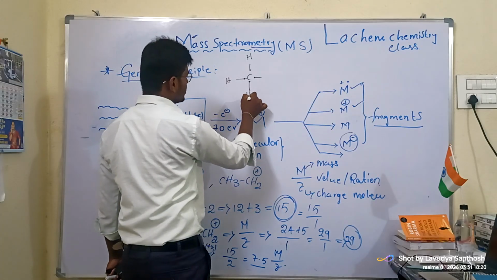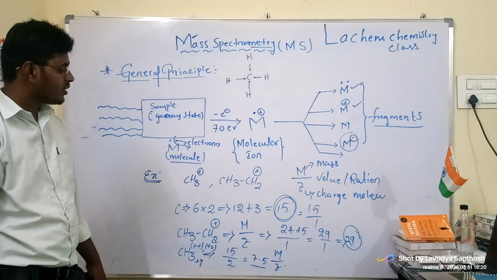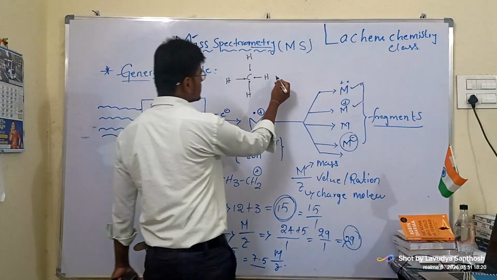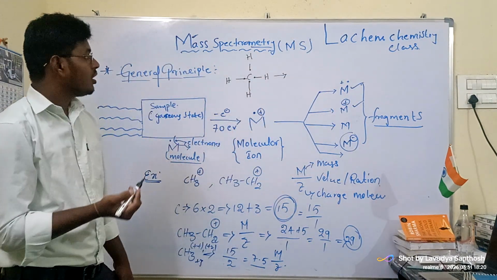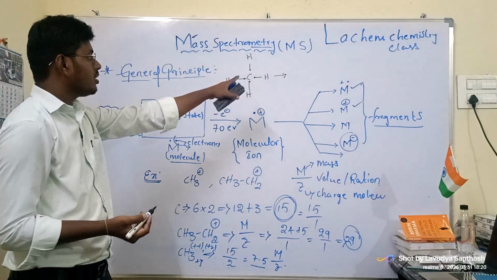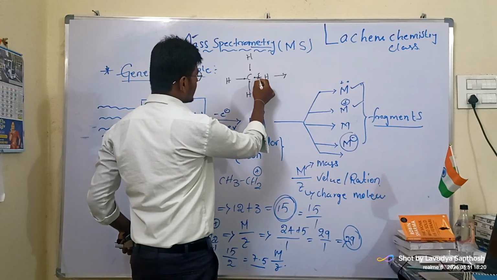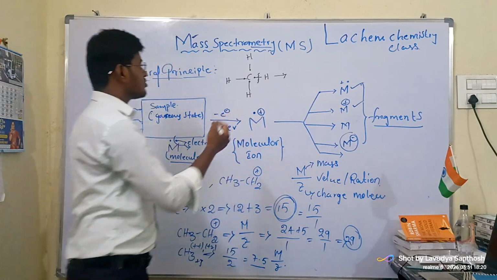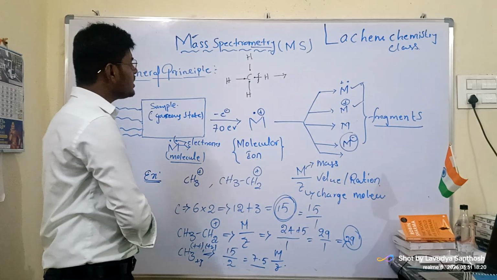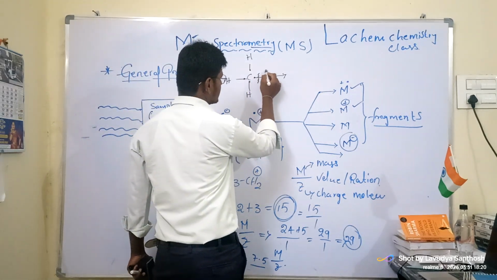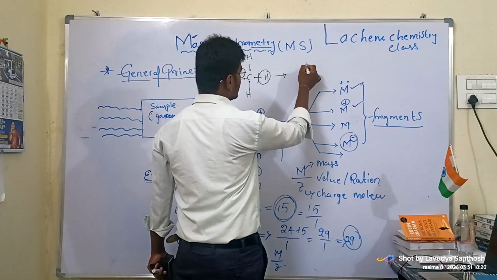That concept I will take you through later, but up to here you listen. For example, in cleavage, this carbon, methyl, loses 1 electron, 1 hydrogen, then it is CH3 plus.